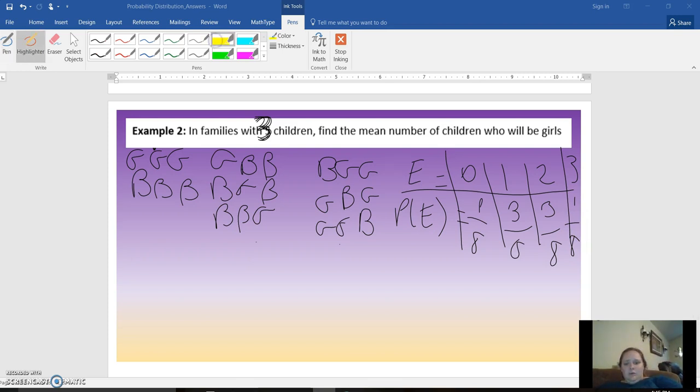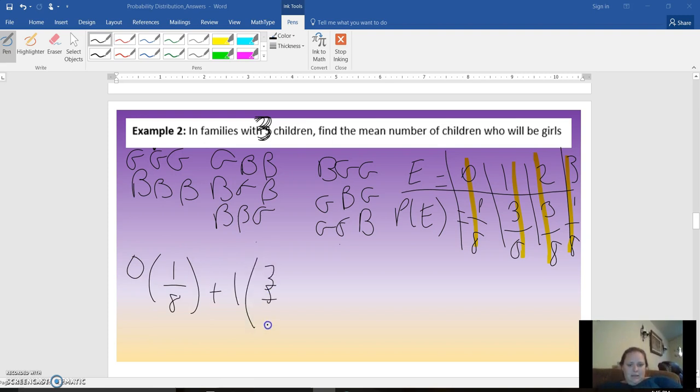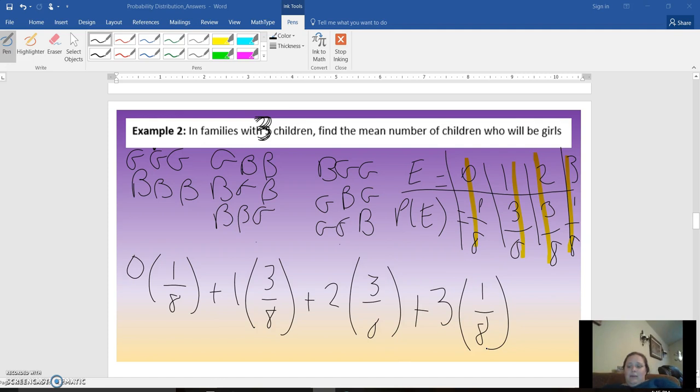So what we're going to do is multiply this guy, add it, multiply that guy, add it, multiply that guy, add it, multiply that guy. So I'm going to do 0 times 1/8 plus 1 times 3/8 plus 2 times 3/8 plus 3 times 1/8. And that will tell me the mean.